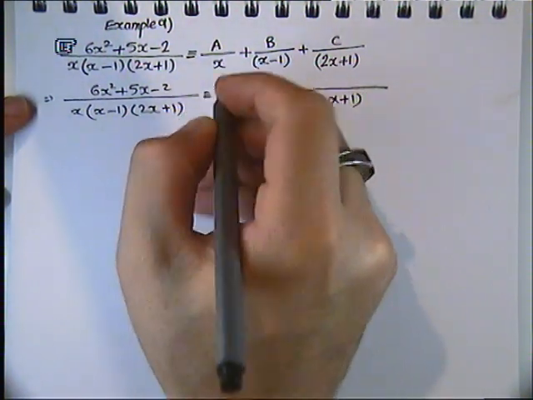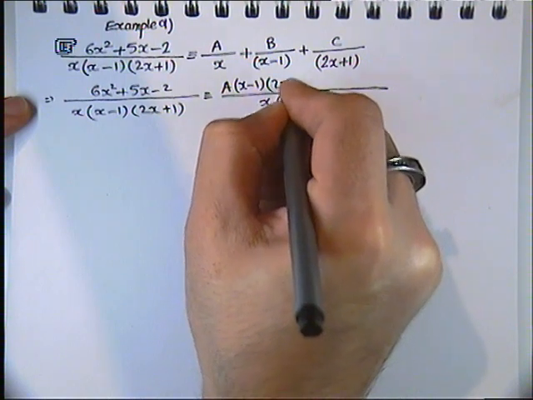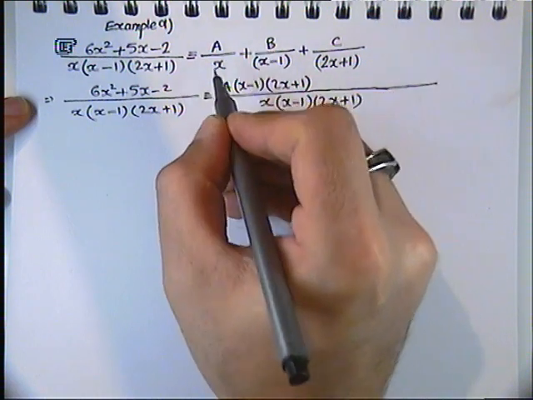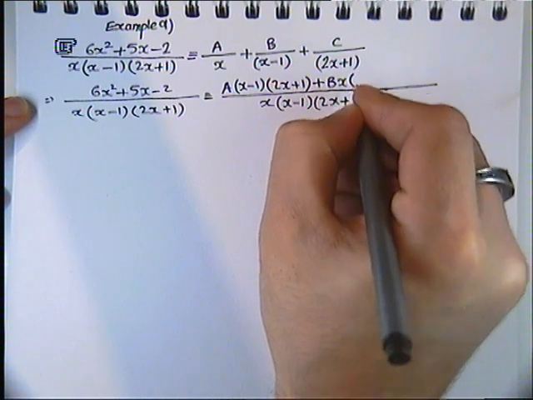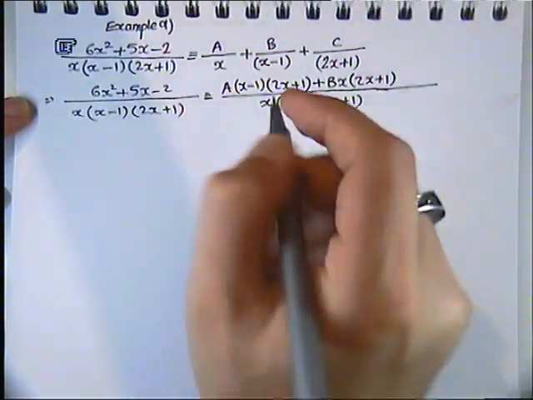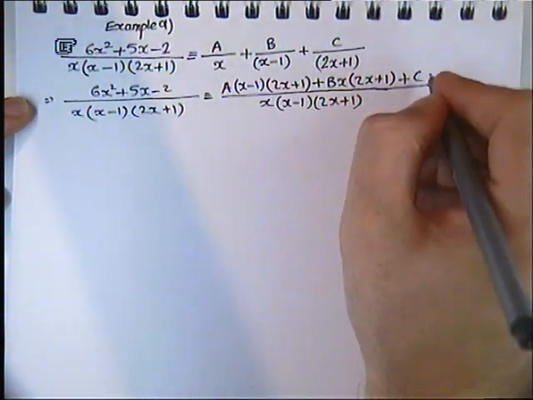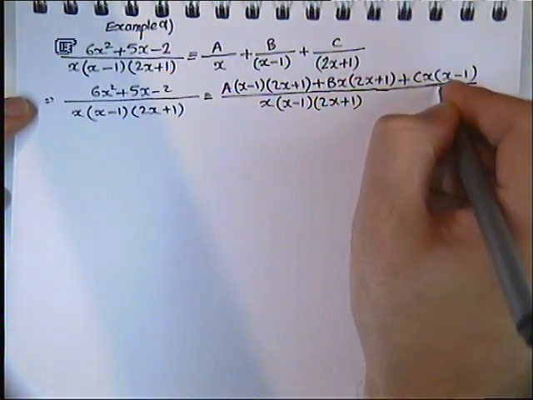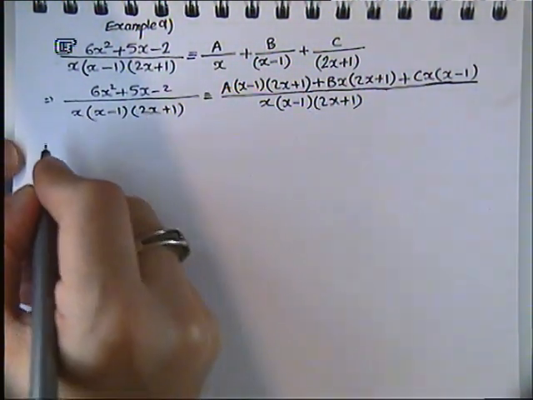A has been multiplied by both of these, therefore a times (x minus 1) times (2x plus 1). B has been multiplied by x and (2x plus 1), therefore bx times (2x plus 1), plus c times x times (x minus 1).